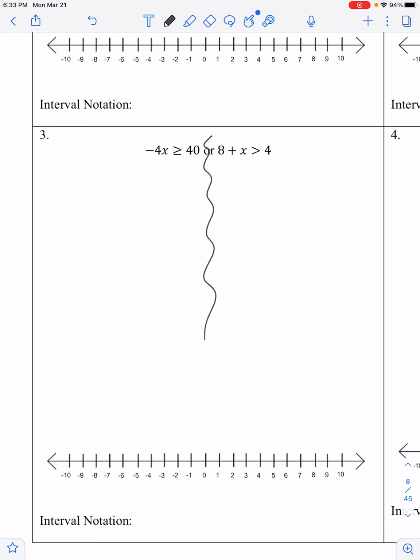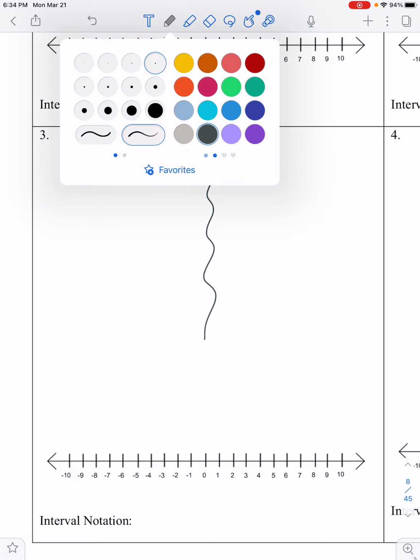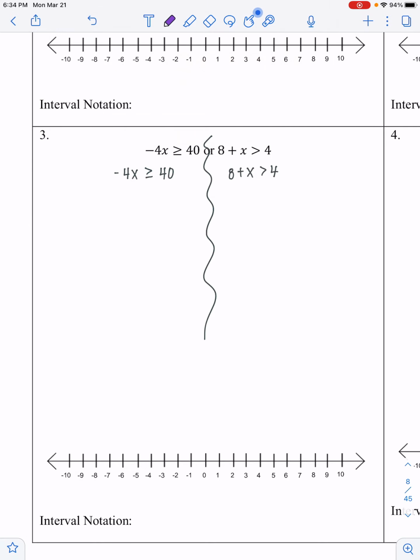So I'm going to rewrite it. -4x is greater than or equal to 40, and then 8 plus x is greater than 4. So let me do the left side. The left side, we're going to divide by -4 on both sides. So I'm going to get x here. 40 divided by -4 is -10.